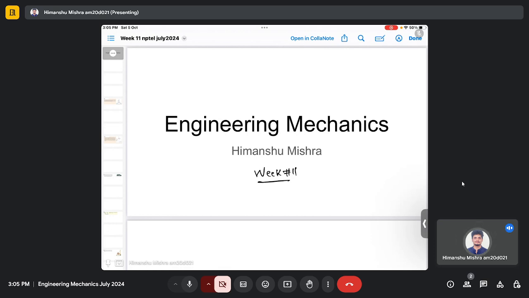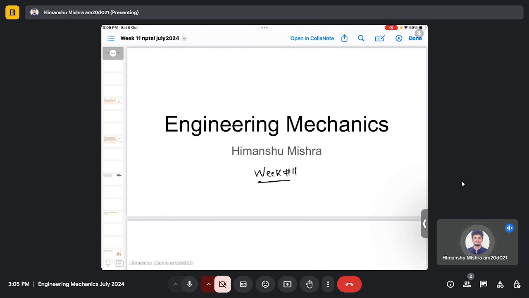Until last week, we have solved questions from kinematics, where we were concerned about the velocity and acceleration of a particle or a system. So we solved plenty of problems related to that. But from today onwards, we will be solving questions where we try to relate the force with the acceleration or velocity, or the movement with the angular acceleration or angular velocity.